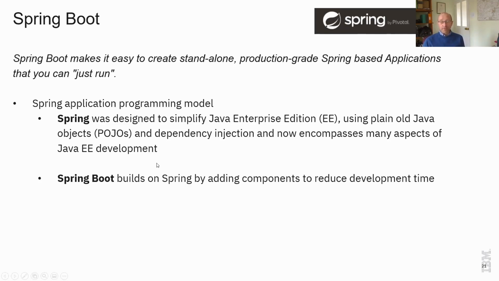It's a simplified programming model that enables you to just drop applications into the runtime, very much focused on the containerized model so that every application contains all its dependencies packaged inside the application. It was primarily designed to simplify Java EE using POJOs and based on dependency injection. So there's a lot of annotations. So you really need to understand the annotation processing to understand the power of Spring.